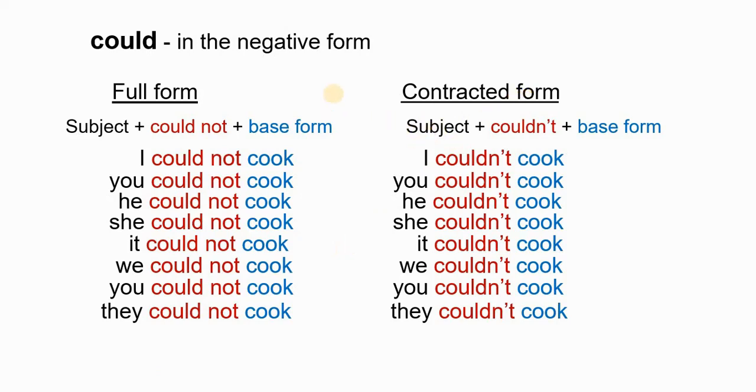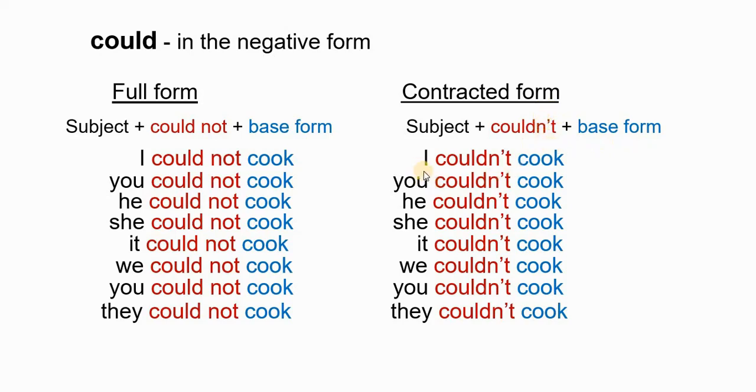And we have the subject, and now could not becomes couldn't. So you have the N apostrophe T followed by the base form. So this is the only part that changes.